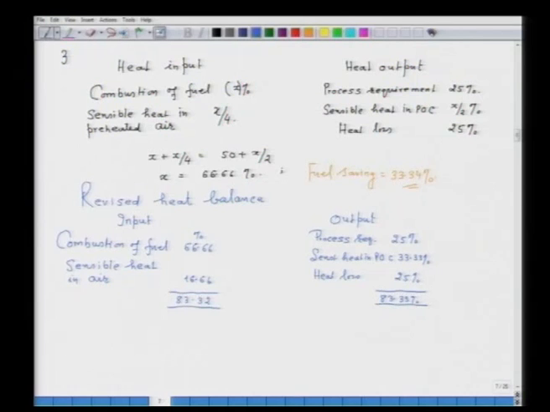Now, we can refer these values to 100%. So, if I refer to 100%, it will come here 80%, here it will be 20%. So, that makes 100%.